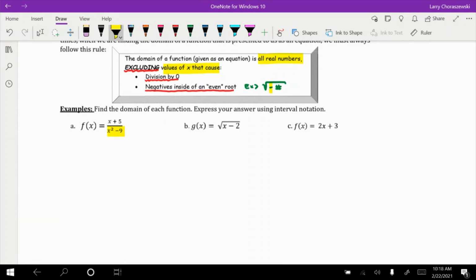And the way to figure out what x values would create division by 0 is to take this denominator's expression, x squared minus 9, and set it equal to 0. And we end up setting ourselves up with an equation that we could solve. And one way that you could solve for x here is to factor the left-hand side as a difference of two squares.